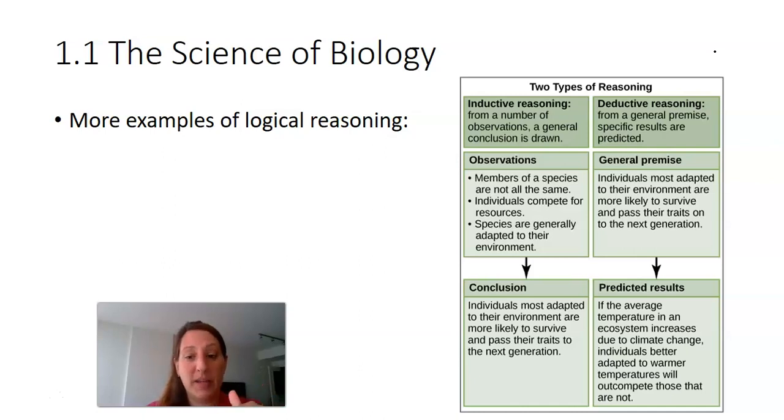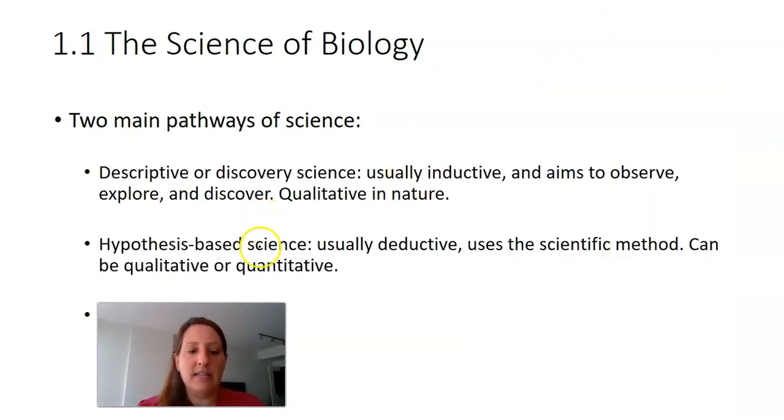So I can predict based on that general premise, if the average temperature in an ecosystem increases due to climate change, individuals better adapted to warmer temperatures will outcompete those that are not. Okay, I could test that. So again, I went from very, very general to specific, and those predicted results, that's my hypothesis really. I can go ahead and I can test that through a scientific study. Okay, so you want to make sure you understand the difference between inductive and deductive reasoning.